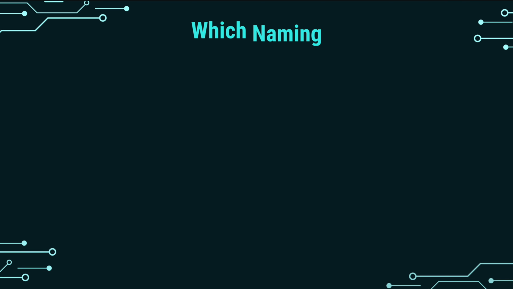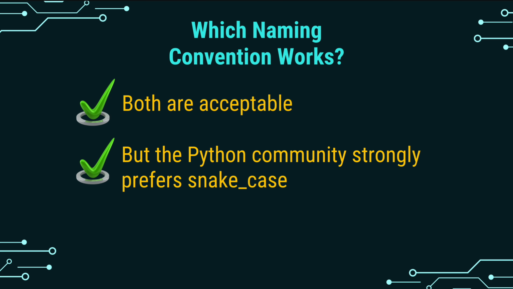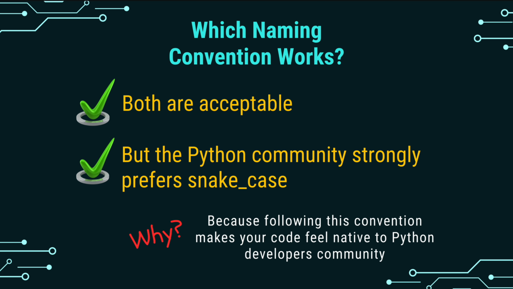So which one should you use? While both are acceptable to the Python interpreter, the Python community strongly prefers snake case for variables and functions. Why? Because following this convention makes your code feel native and consistent to other Python developers. When you are working on a team or contributing to an open source project, consistency is key.